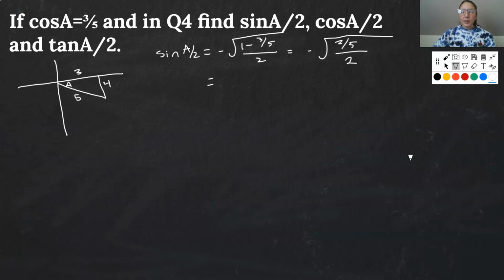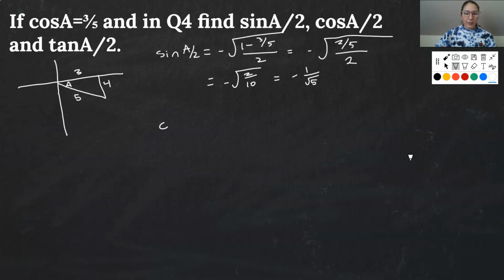So 2/5 divided by 2 is the same as multiplying by a half. 2/5 times a half gives me 2/10. Reduce: negative square root of 1 over 5. Square root of 1 is 1, and the square root of 5 stays square root of 5, so negative 1 over root 5. So sine of A over 2 is done.